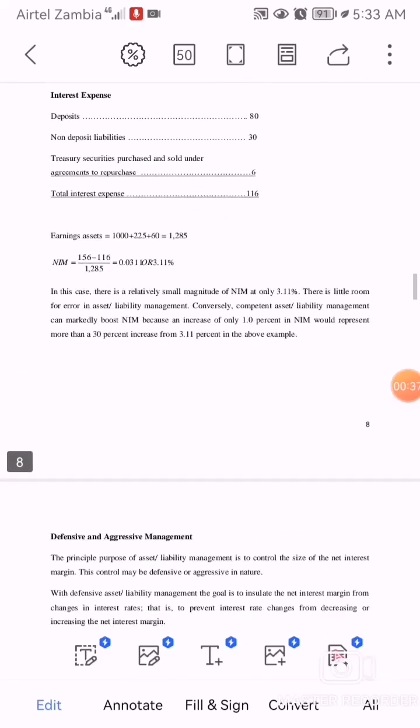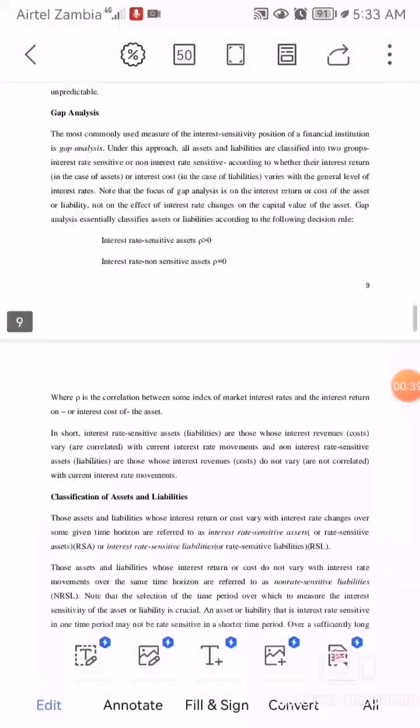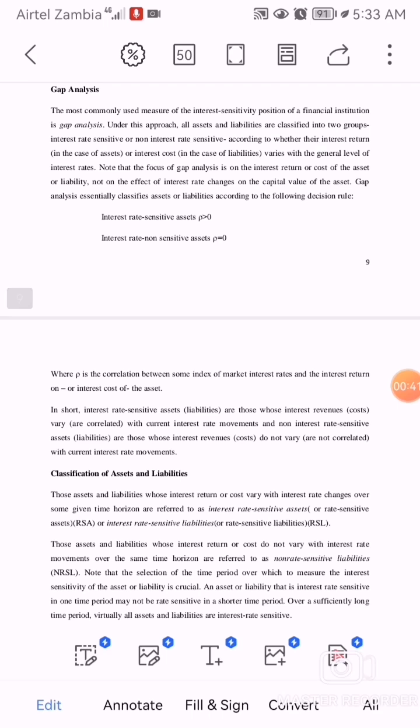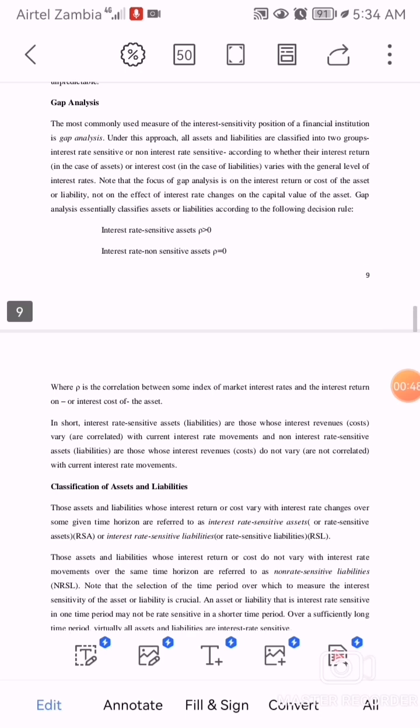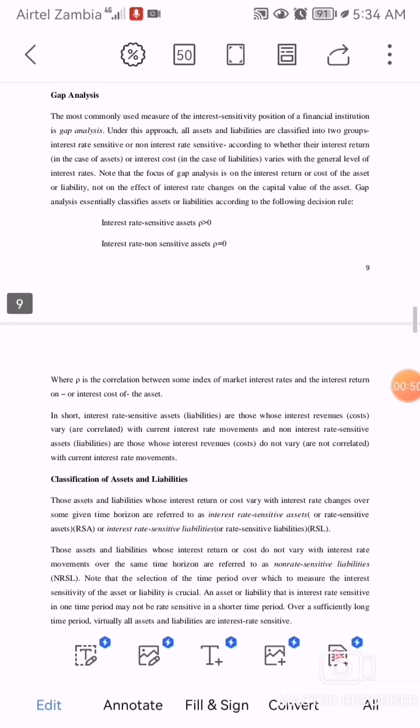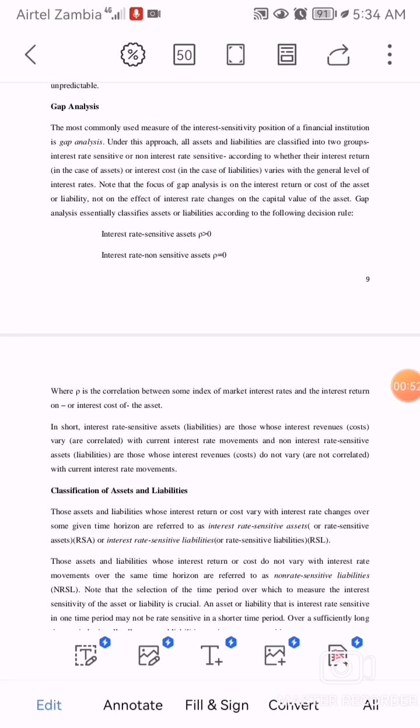Gap analysis basically helps you to understand the kind of assets in your balance sheet that are influenced by changes in interest rate and the kind of liabilities that are influenced by changes in interest rate.